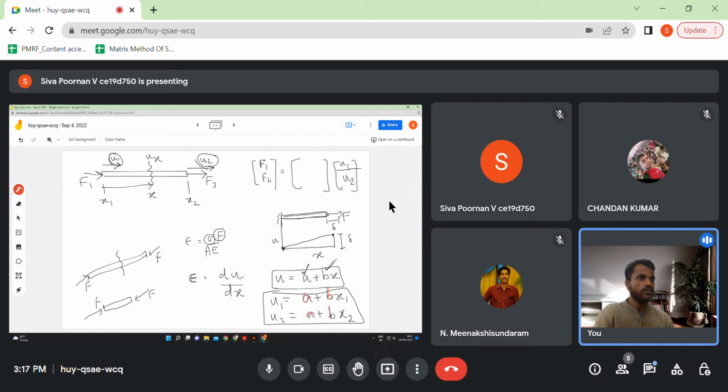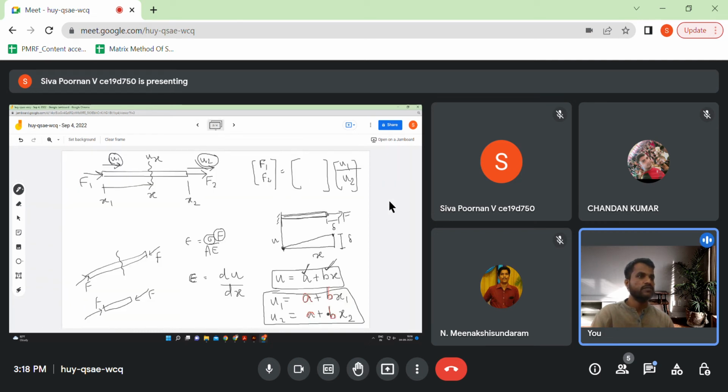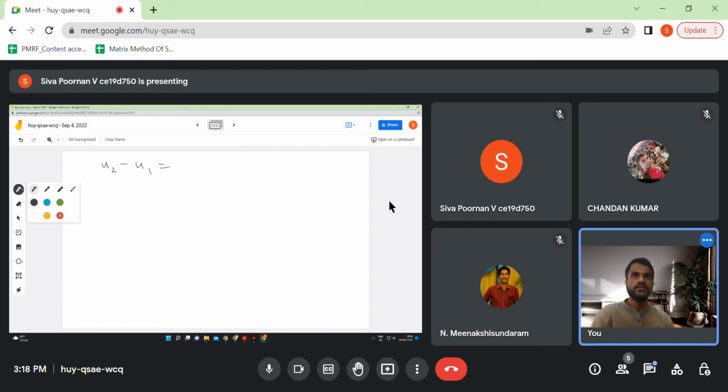Now how do we solve for a and b? We have two equations and two variables, so we can solve using substitution or the elimination method. I'll subtract these two equations. What do I get? u2 minus u1 is equal to b into x2 minus x1.